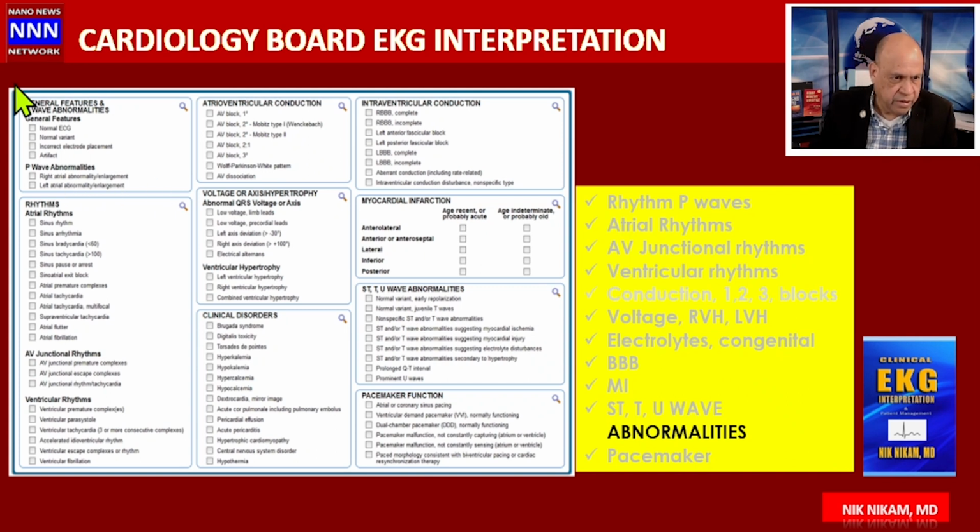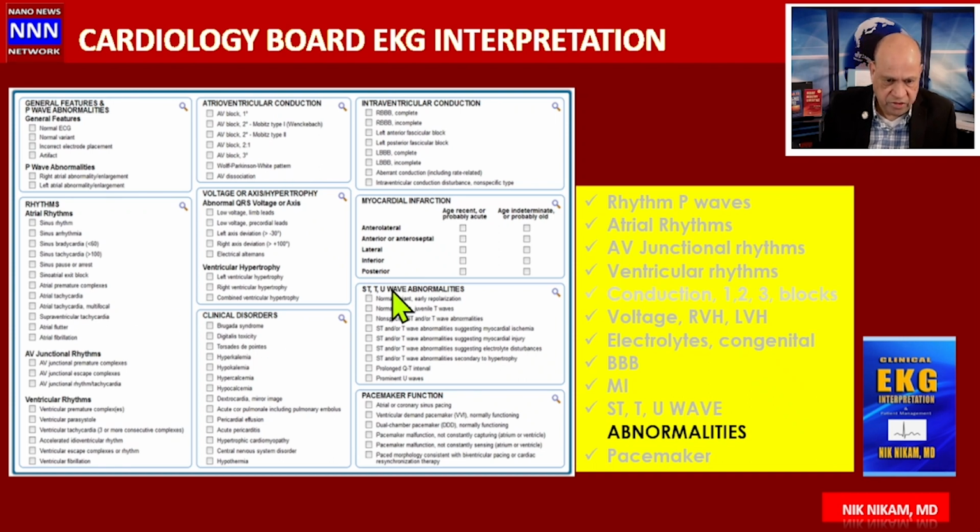And I have done a general overview of this answer key sheet on a separate video. You please watch that. I have also created separate videos for each one of these segments with actual examples, so that you will be familiar with what to look for when you are sitting in an exam hall or when you are seeing a patient at bedside or in the clinic.